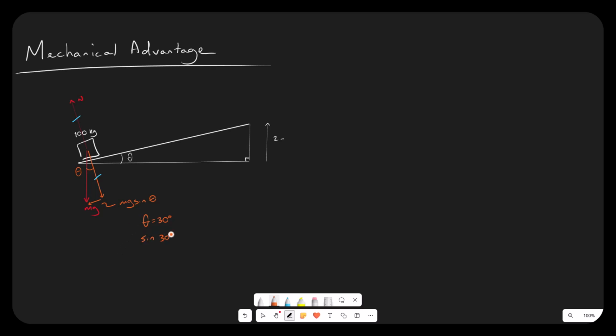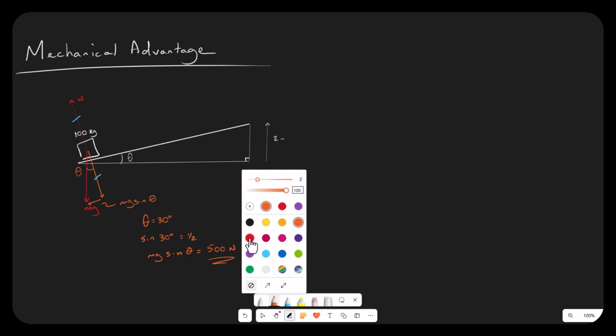The sine of 30 degrees is a half, which means my mg sine theta would now be 100 kilograms times 10 is 1,000 times a half is 500 newtons versus the 1,000 newtons that it takes to straight up lift this. Now the force that I need to overcome is 500 newtons instead of 1,000, which is a whole lot easier to overcome.